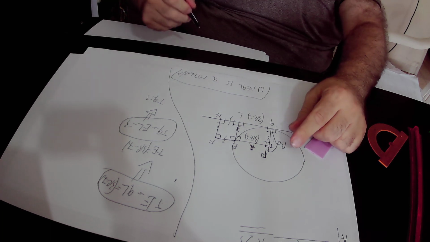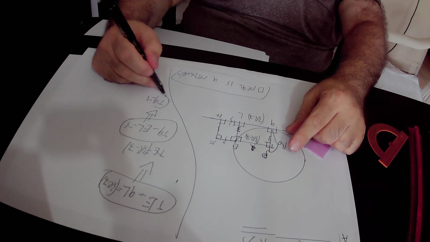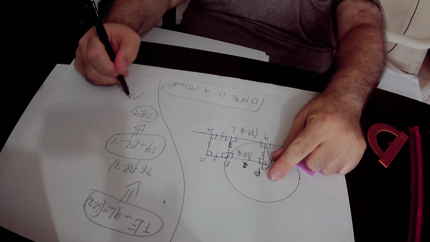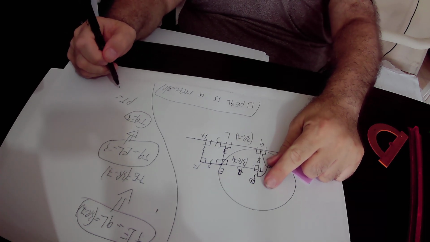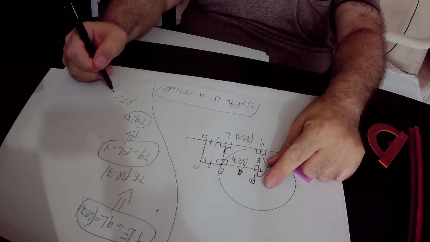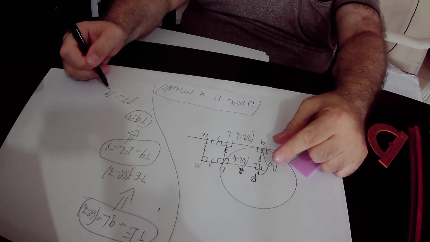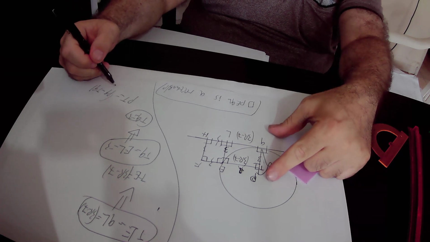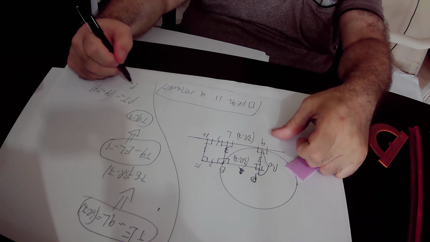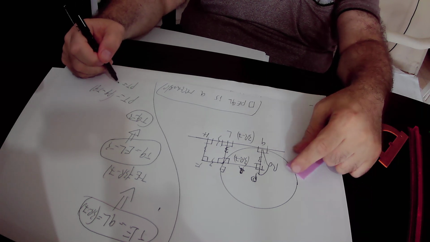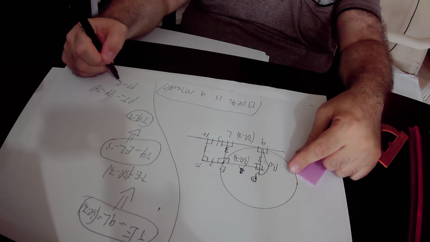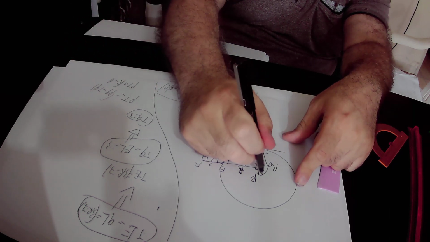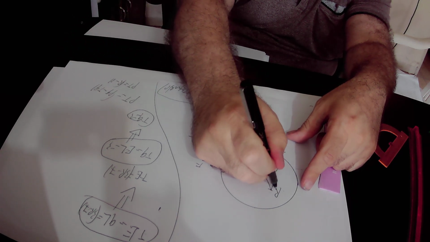So what is the length of PT? It is very easy to see from the drawing that PT is equal to PQ minus TQ. So PT equals PQ, that is the radius of this circle, R, minus TQ, that is 3. So in conclusion, we found out that TP equals R minus 3.